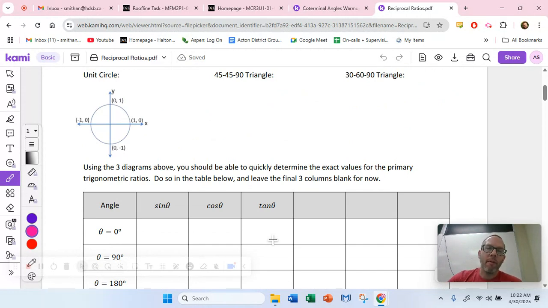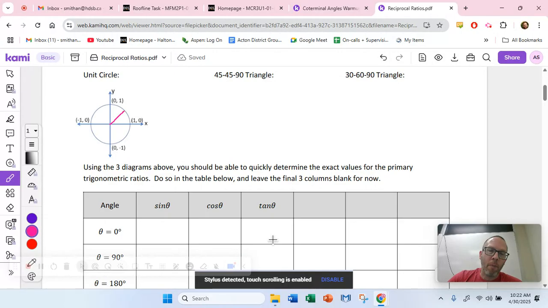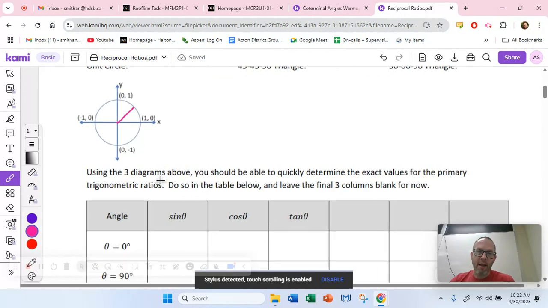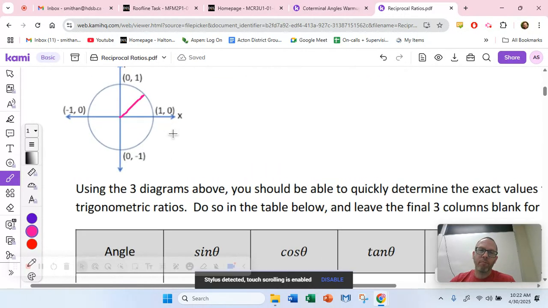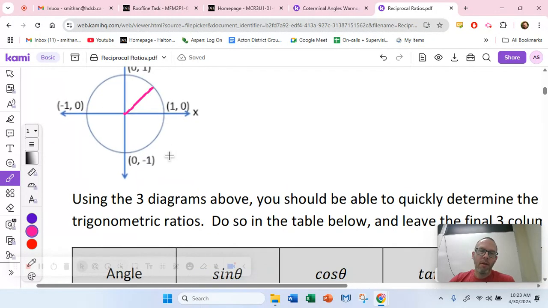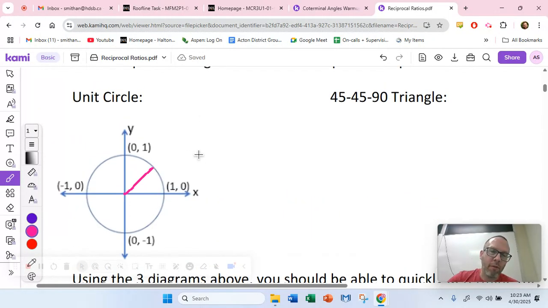Something we've learned this unit is that for angles in standard position, points on the unit circle correspond to the cosine and the sine of that angle.